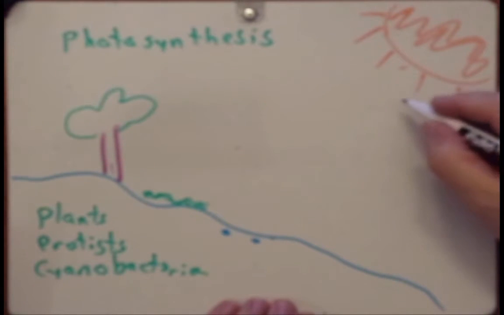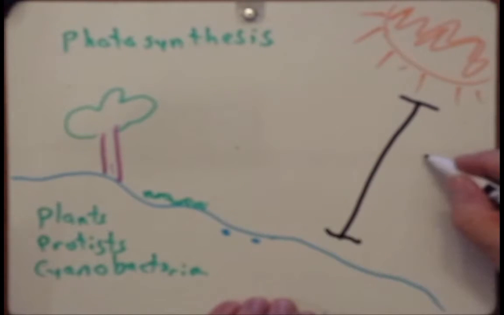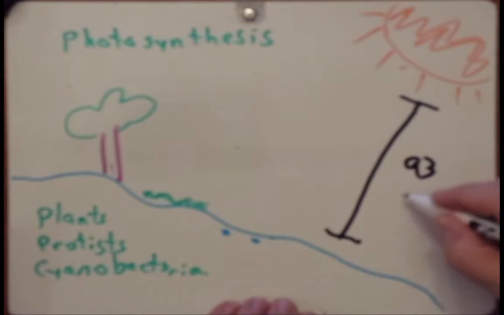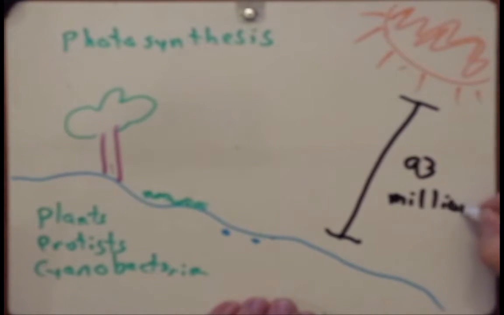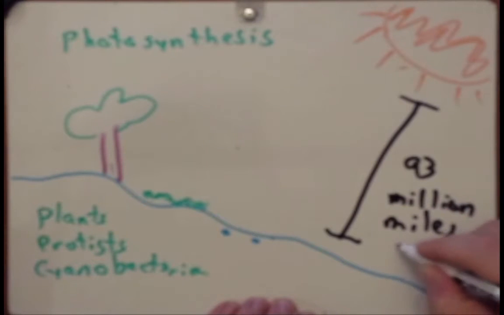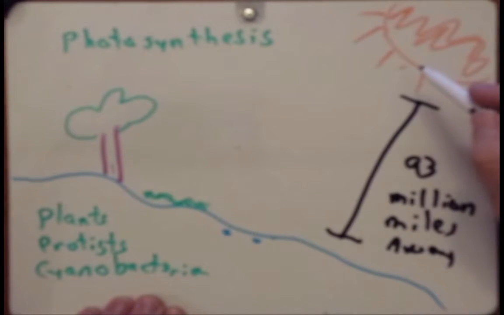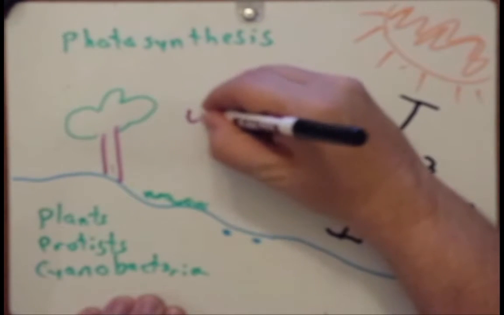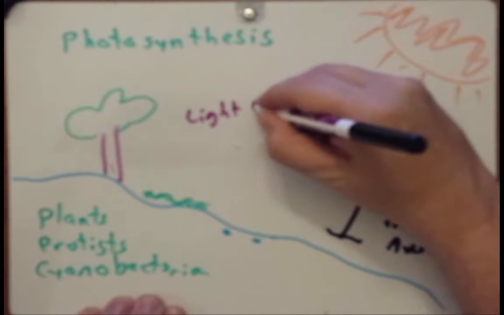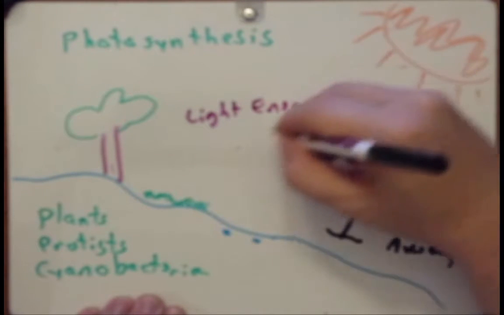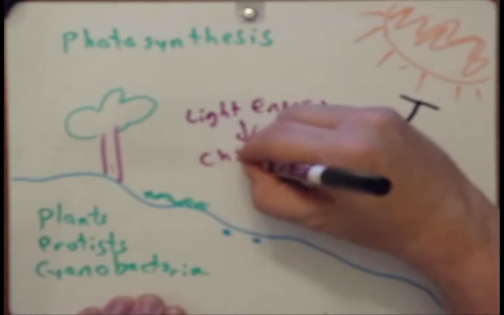Let's remember that the distance between the sun and these plants and protists and cyanobacteria is roughly 93 million miles away. Yet these plants and protists and cyanobacteria are able to take this energy from the sun. They take this light energy and convert it into chemical energy.